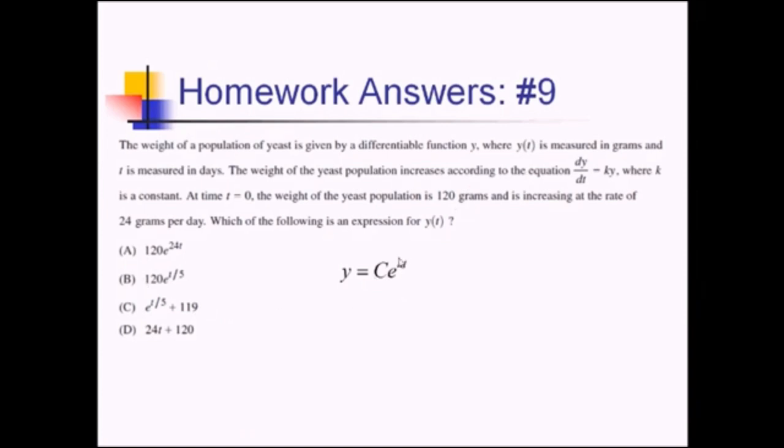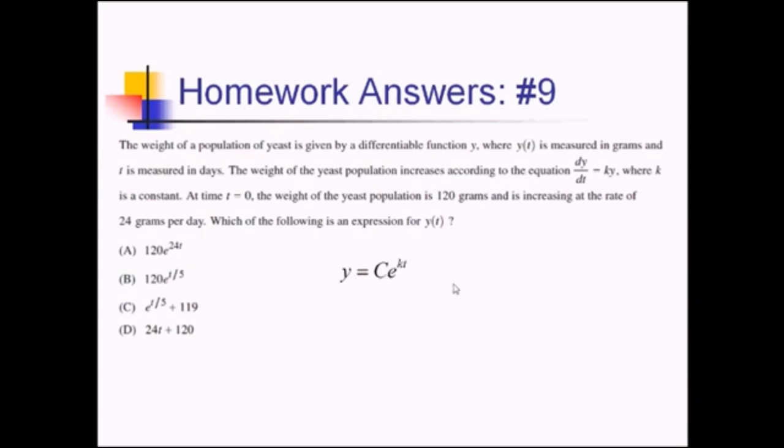But in order to find the k value, I mean, how could I find that? One thing you could try is plugging 120 in for C, and then they said at time 0, so I'm thinking, well, maybe if I use 0 for t, but then I still need to find something for the output at that time. But the output, it's also 120, so this is kind of confusing.